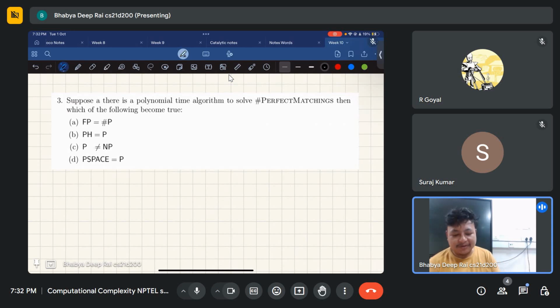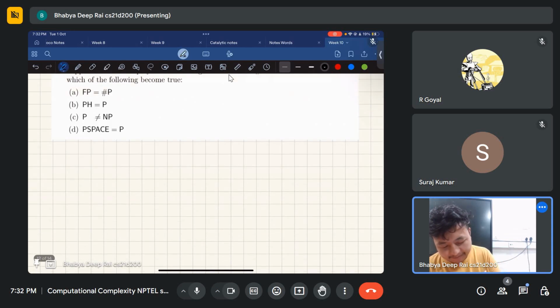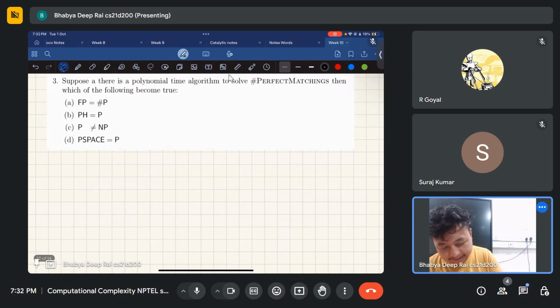Okay, FP is equal to Sharp-P. Suppose there is a polynomial time algorithm to solve Sharp-Perfect-Matchings.